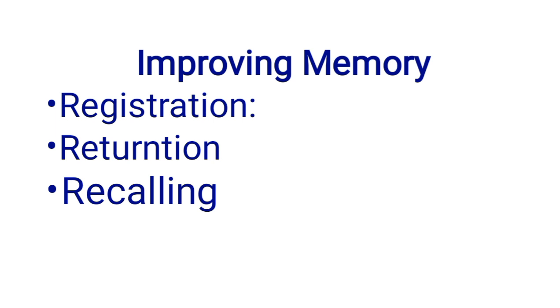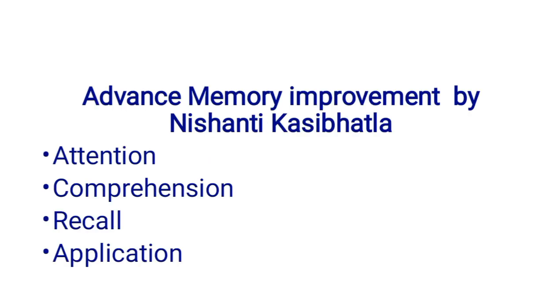So he says the first thing, if you want to improve your memory, is registration. Registration is whereby you bring that thing into your mind, you register it in your mind. Then there is retention. That is where you are able to bring it and understand it. He also talks about attention, comprehension, recall, and application. For you to improve your memory, number one, you have to be attentive to something.